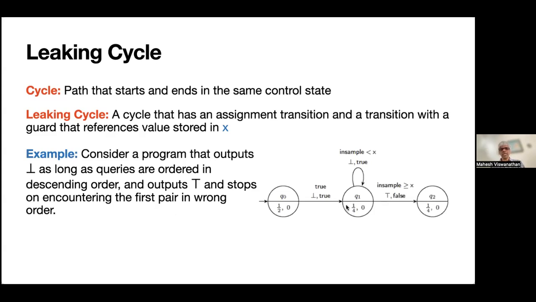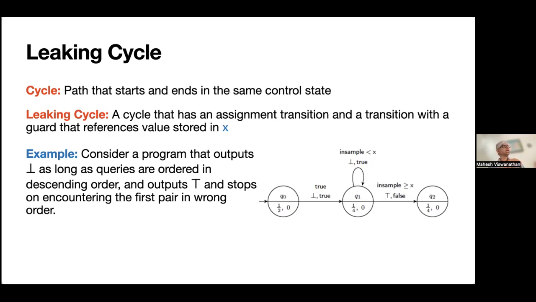Here is an automaton that describes a slight variant of the example that we've been looking at. This automaton reads a sequence of real numbers, and it wants to check that the sequence is in descending order, and it outputs the index of the first position where the input sequence is no longer sorted in descending order.